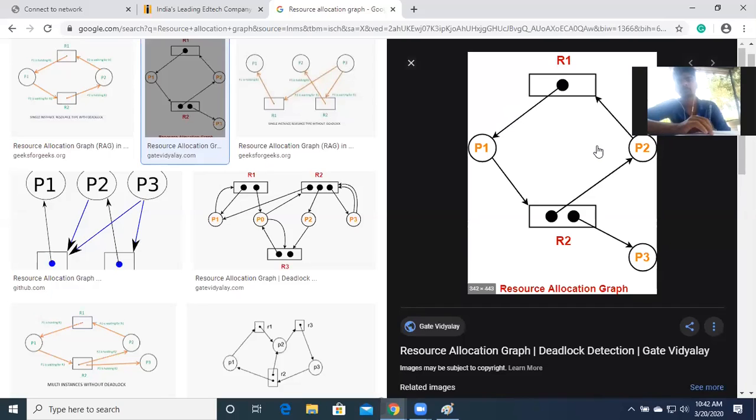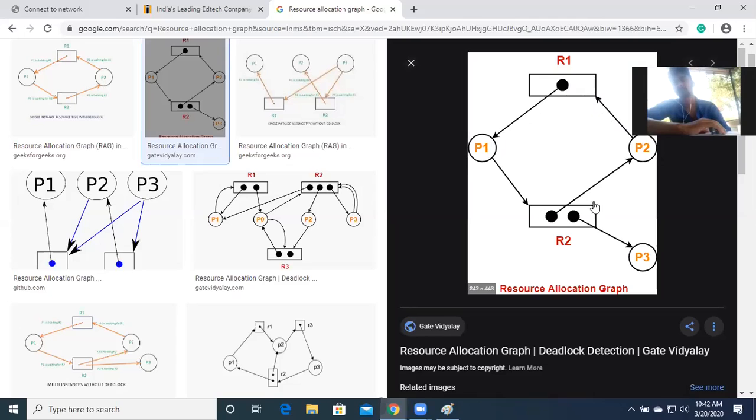Until process 1 is done with resource 1, P2 can't get this resource. That is the difference for requested. If we had two instances of resource 1, P1 and P2 could utilize it simultaneously, but it has only one instance, so P2 can't utilize resource 1.